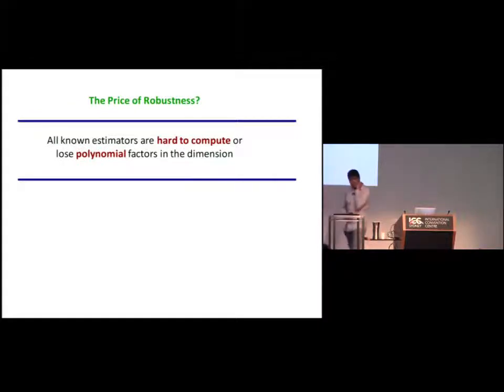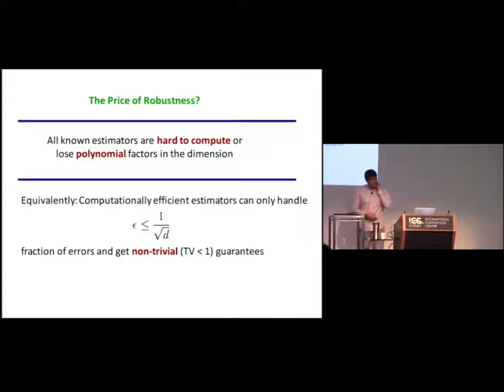Just to put this in perspective, the total variation distance between two distributions is only ever at most 1. So if you ask what fraction of errors these estimators can tolerate and still get non-trivial guarantees on their closeness, the answer is at most something like 1 over root d.